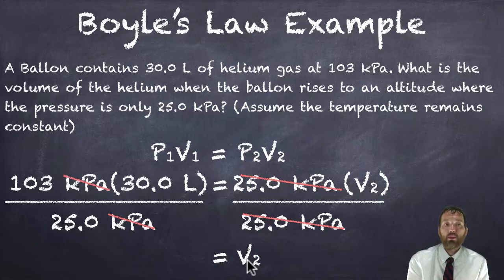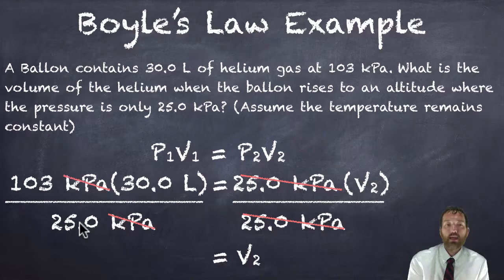In my calculator I would type in 103 times 30, enter, divided by 25. Now be careful doing this all at once in your calculator. Some people might type in 103 times 30 divided by 25, like if we were doing a stoichiometry problem. What that's going to do is 103 times whatever 30 divided by 25 is, which is what you don't want to do.